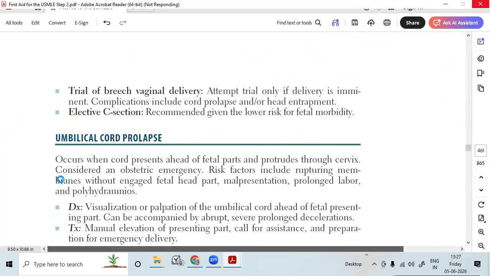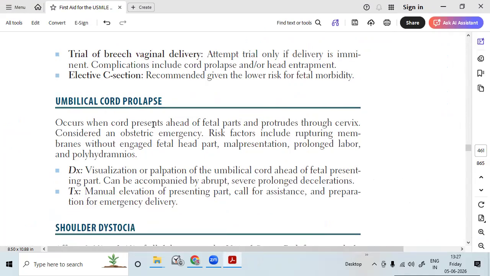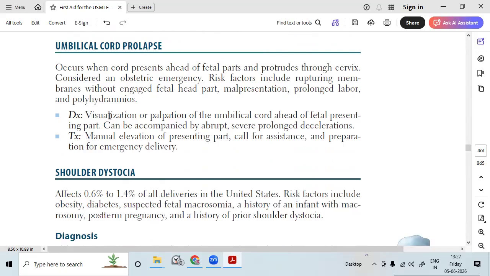Umbilical cord prolapse. This occurs when the cord presents ahead of the fetal parts and protrudes through the cervix, considered an obstetric emergency. Risk factors include rupturing membranes without an engaged fetal head, malpresentation, prolonged labor, and polyhydramnios. Diagnosis: you will visualize or palpate the umbilical cord ahead of the fetal presenting part, and it can be accompanied by abrupt, severe, prolonged deceleration.